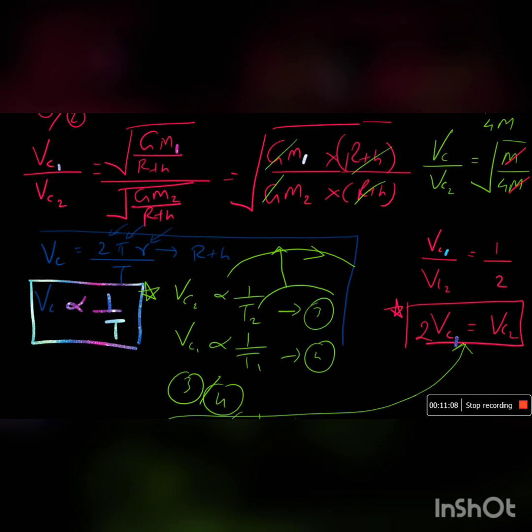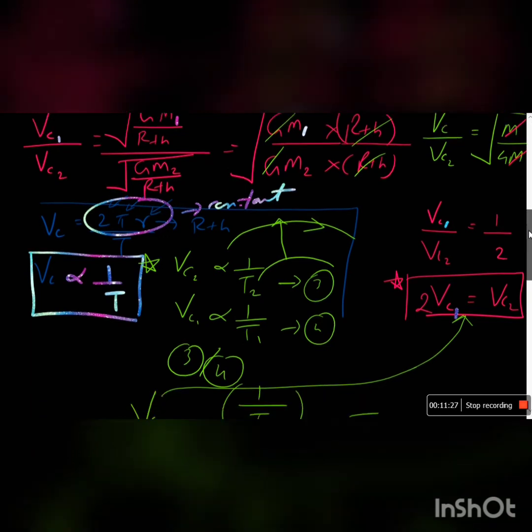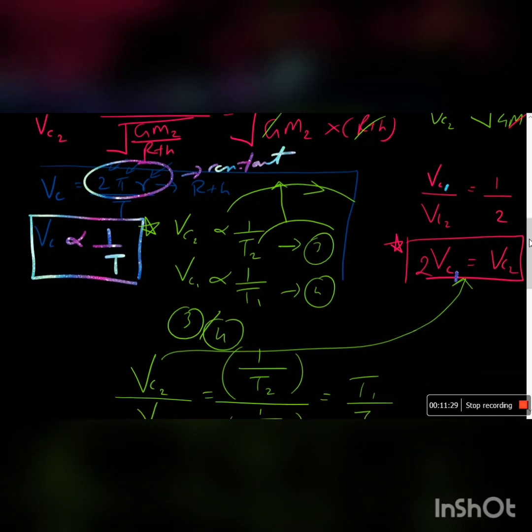Then we derived something. We said that critical velocity is 2 pi R upon T, but all these three are constant, and therefore critical velocity is inversely proportional to time period. So critical velocity 2 is inversely proportional to time period 2, critical velocity 1 is inversely proportional to time period 1.